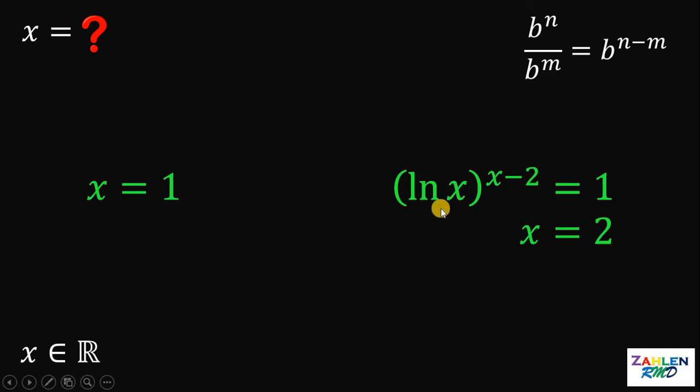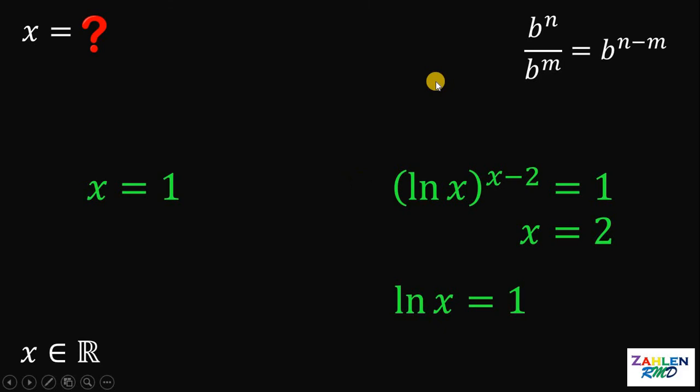Now, another case in this equation: since it is equal to 1, don't forget that it is equal to 1 if the base is also equal to 1, because 1 raised to any number is just 1. Therefore, we can check also the case that ln of x must be equal to 1, or this base must be equal to 1.